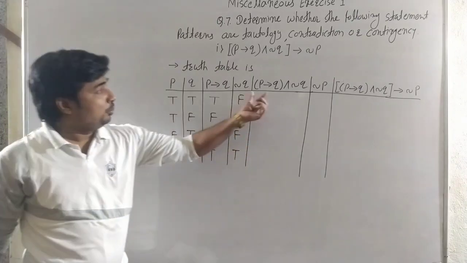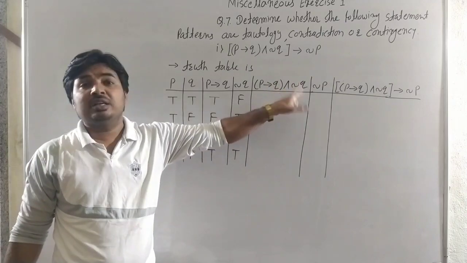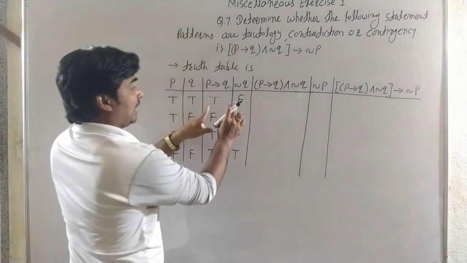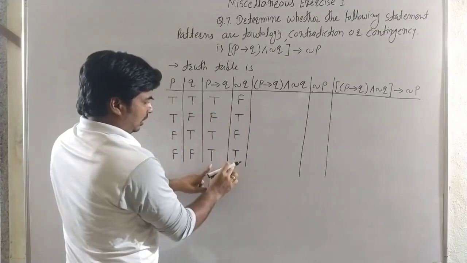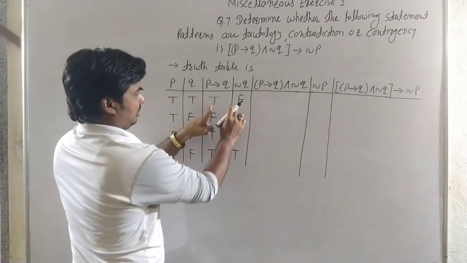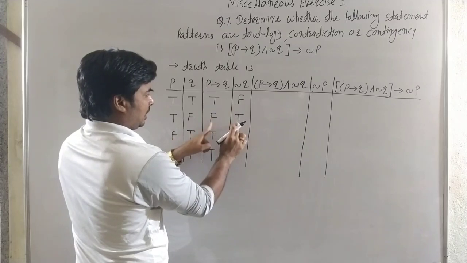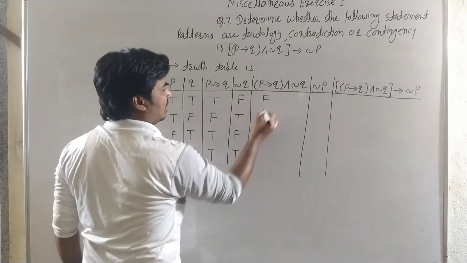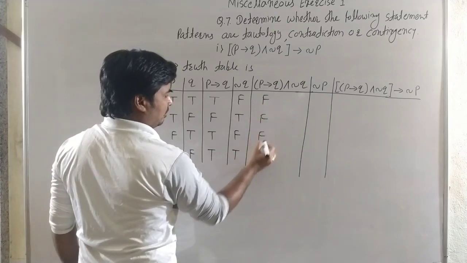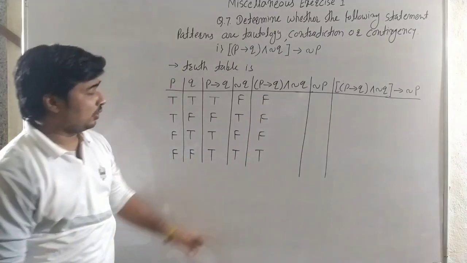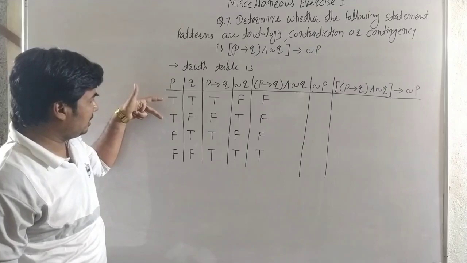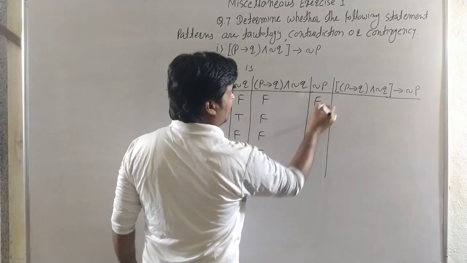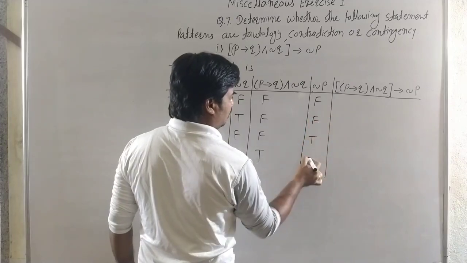Then P implies Q and negation Q. Only when both are true is the truth value true. Here true and false, false; it is false, false, and only in this last condition it is true. Then false, false, false and true. Okay, now the negation P statement: true, true, false, false. Therefore negation P is false, false, true and true.